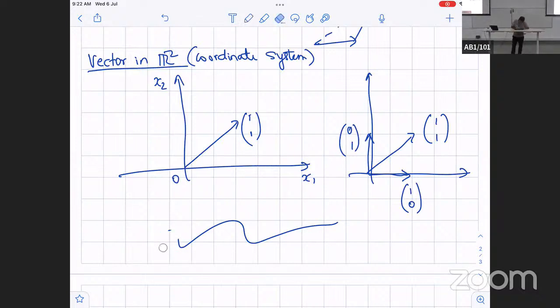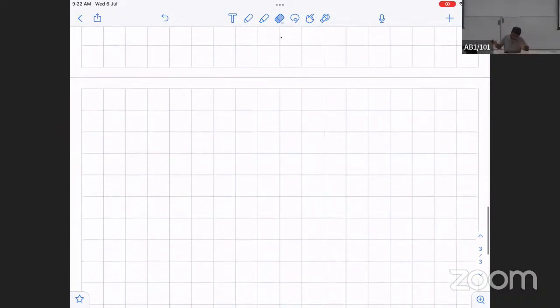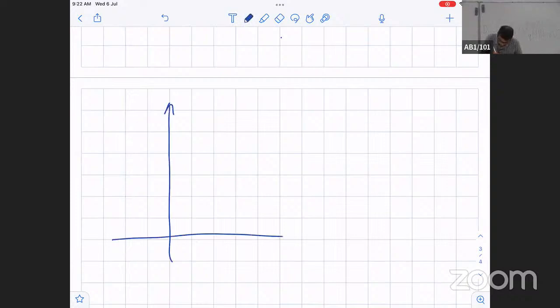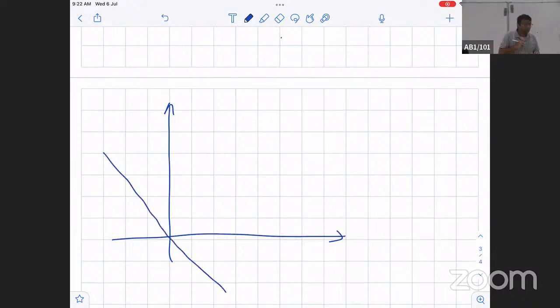So what has that got to do with lines? It's as follows. Let's say you have a line which is passing through the origin. So as one of you said, c is 0 for this line, right? y is equal to mx plus c, with c equal to 0.